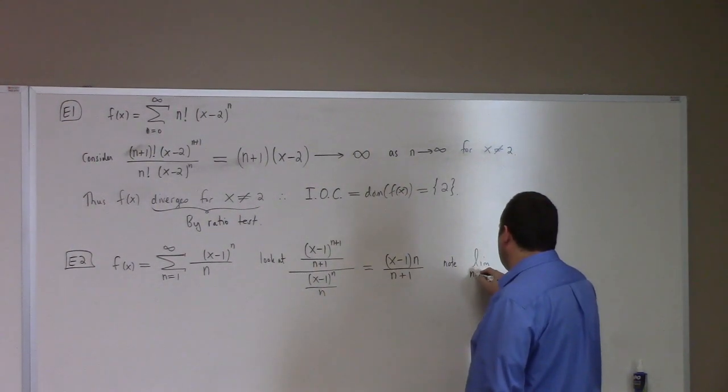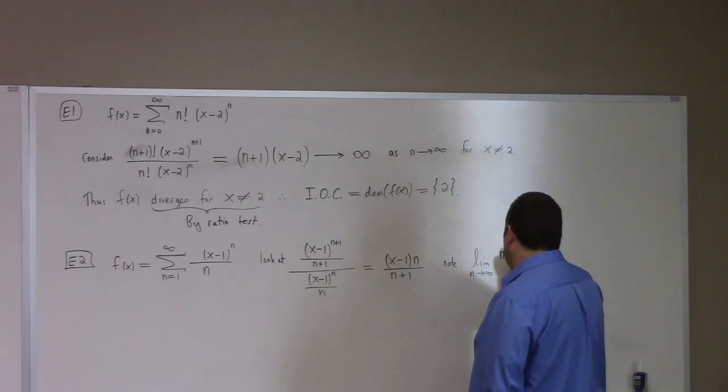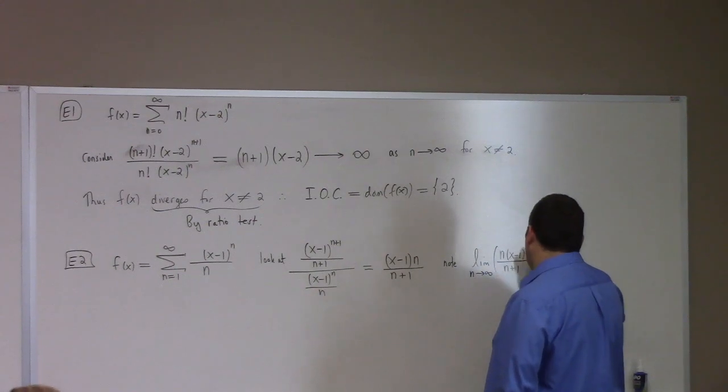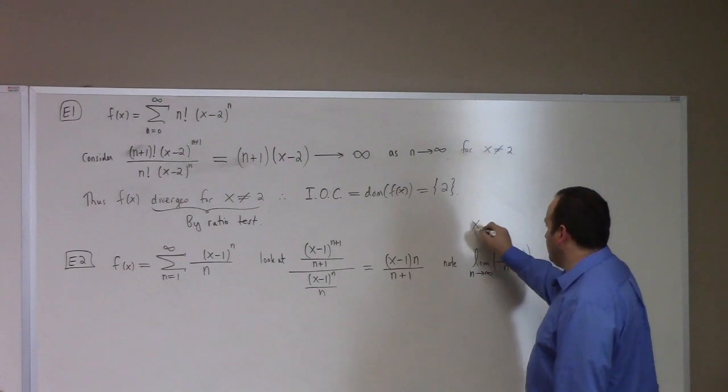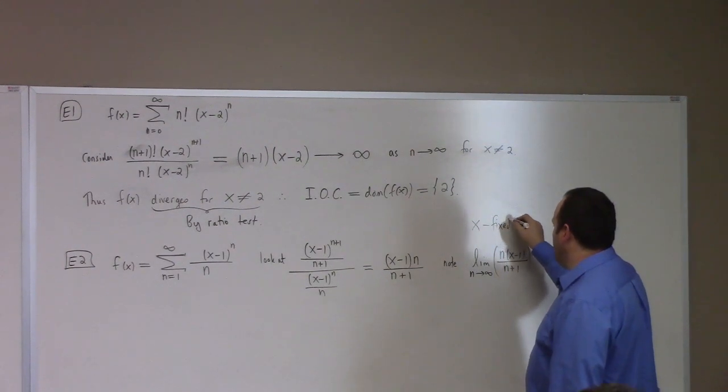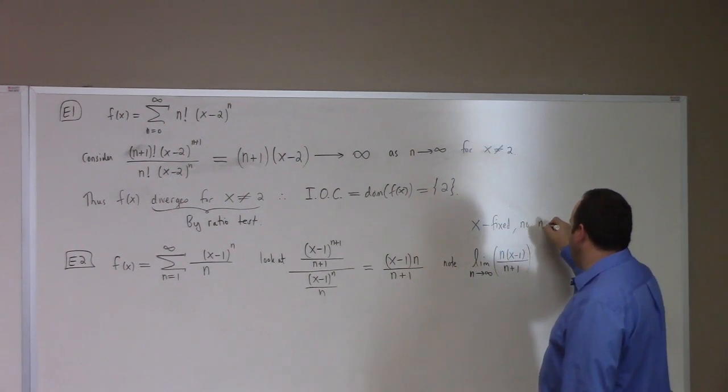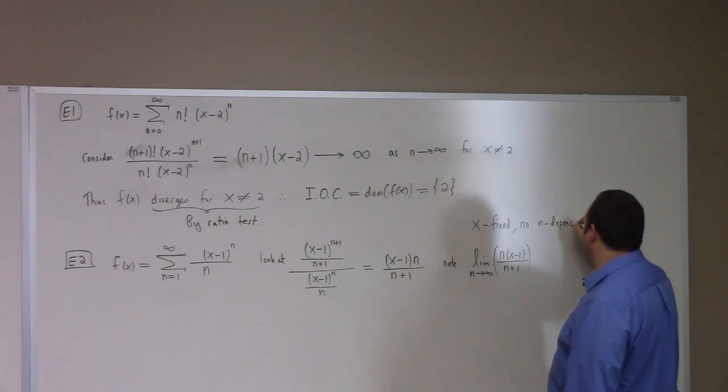Here, it's helpful for me to write this. I should really write this for you guys. I've gotten lazy in my formatting, but x minus 1 is fixed here. In other words, it has no n dependence, all right?